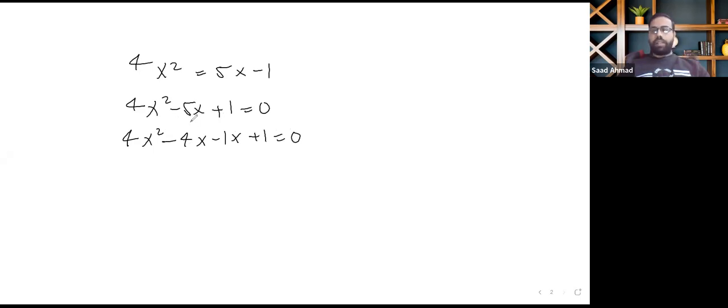For factorization, we see what is the product of this number times this number, that is 4, and the sum should be minus 5. So the sum is minus 5, minus 4 minus 1 is minus 5, and when we multiply them, we get 4. So 4x squared, oh sorry, so we take out 4x as a common factor from these two.